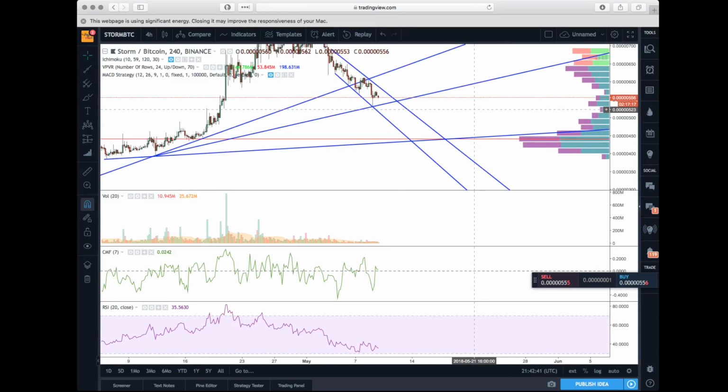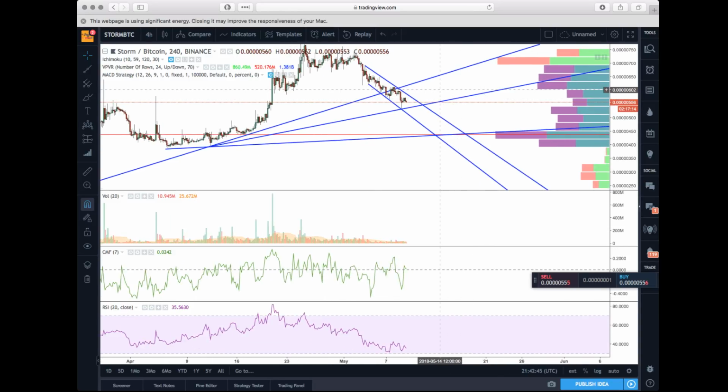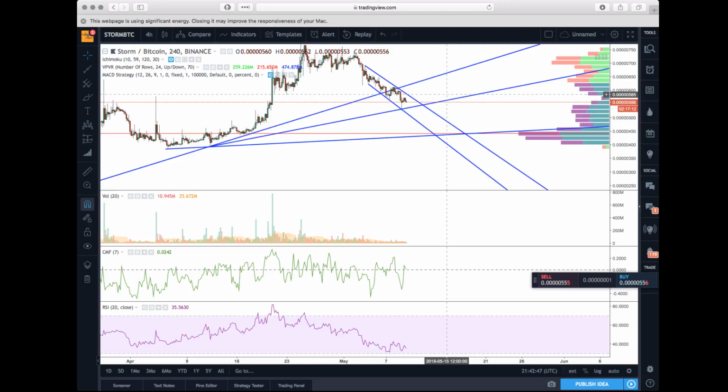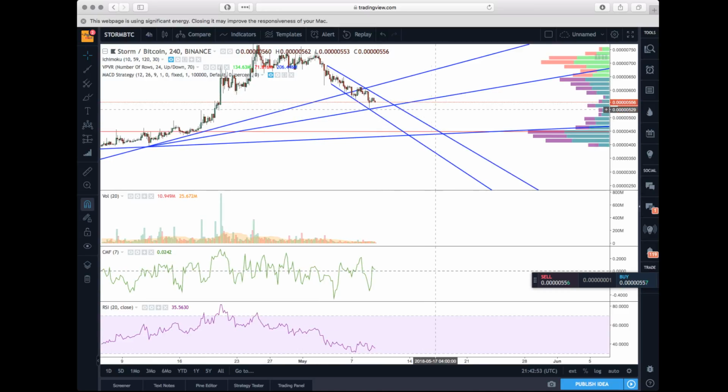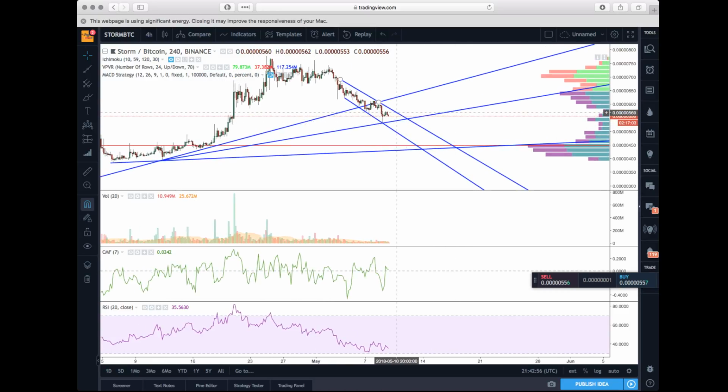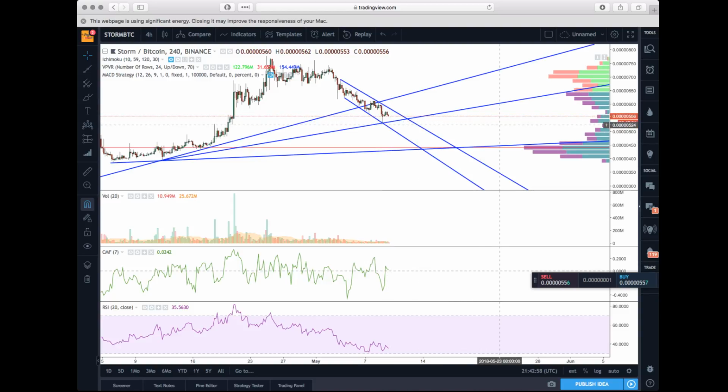So not really that worried about it personally, but I don't have any of this coin myself, so I can afford to not be worried. I guess I would say I just don't see a lot that would encourage me to risk a position on it at the moment.